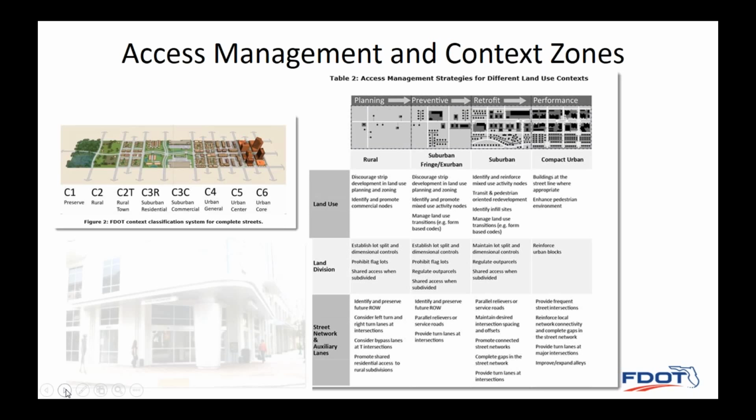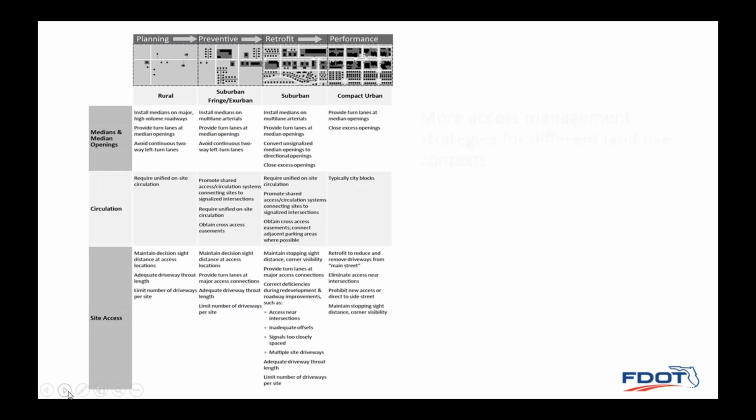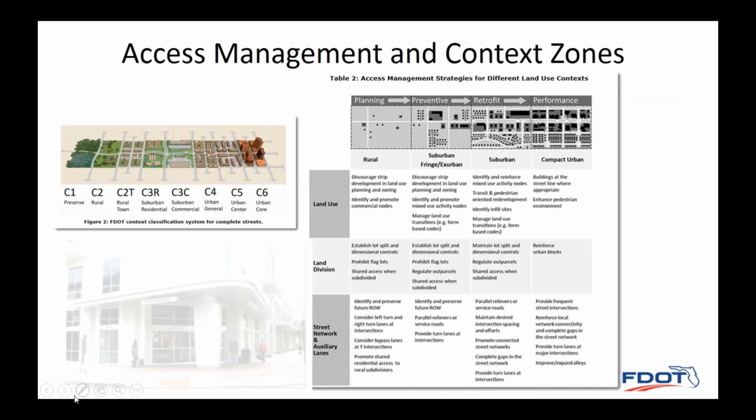And so that's where access management is now, is how are we going to relate the two topics more directly, and thinking about the strategies as well as the category systems, and just kind of how we're implementing access management.